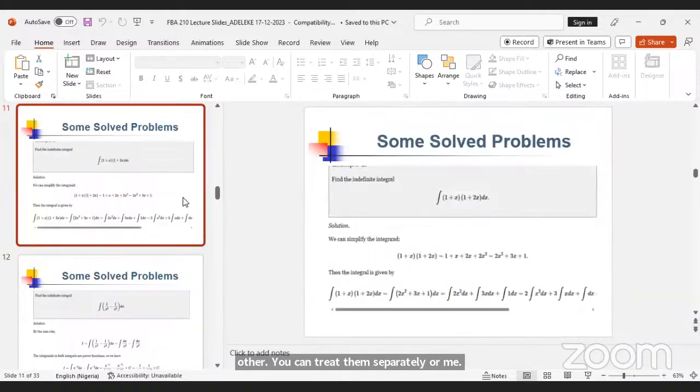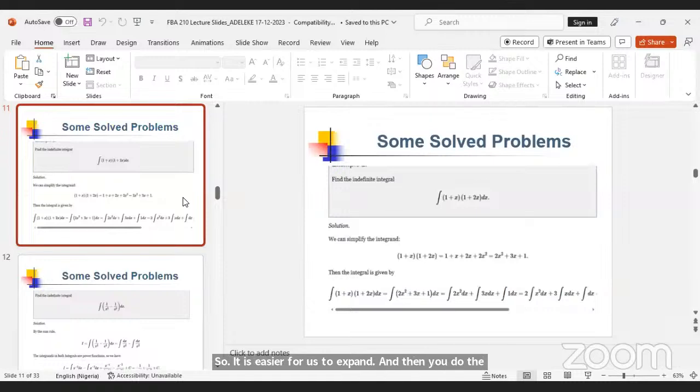So let's take the example on the screen. You have a function f of x, which is 1 plus x, and then g of x, which is 1 plus 2x. It is easier for us to expand, and then do the integration.